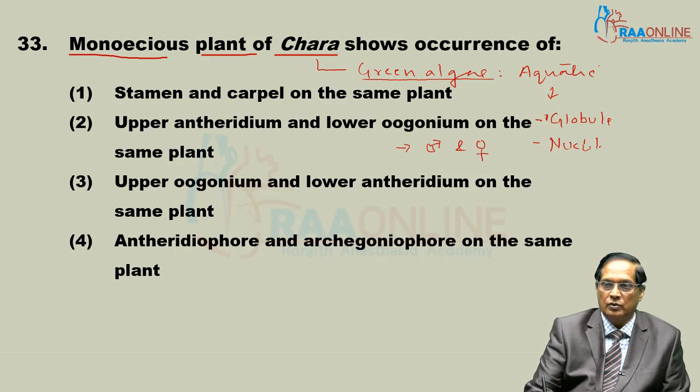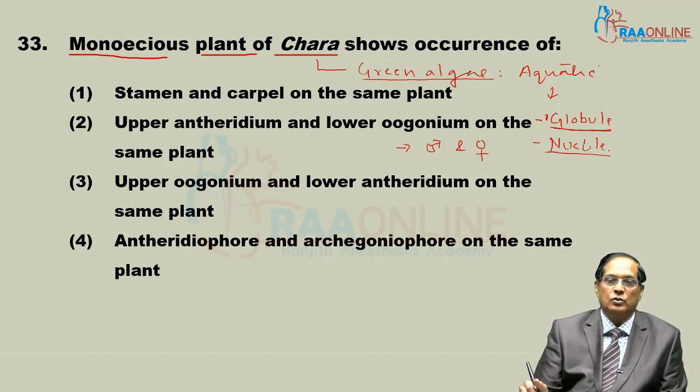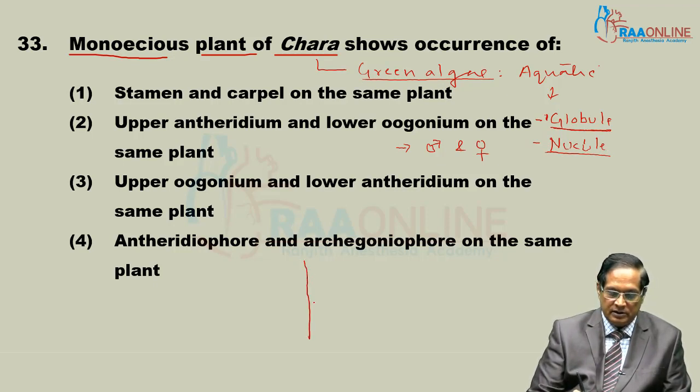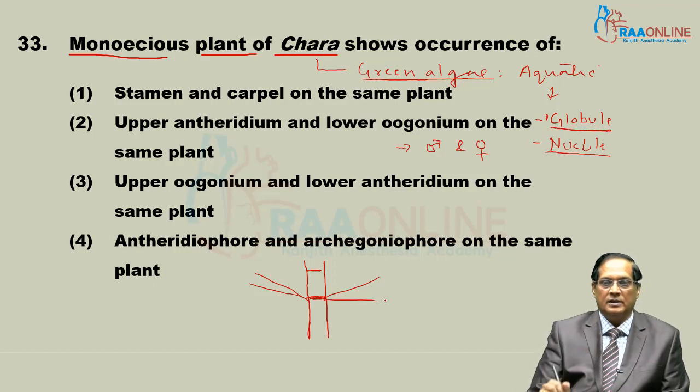Globule is also known as antheridium, and nucule is known as oogonium. And if we see the Chara plant, it's a filamentous thalloid algae having nodes, and a number of branches are given from these nodes.